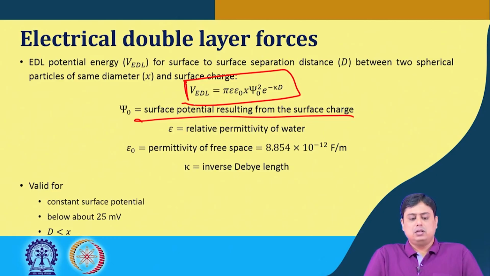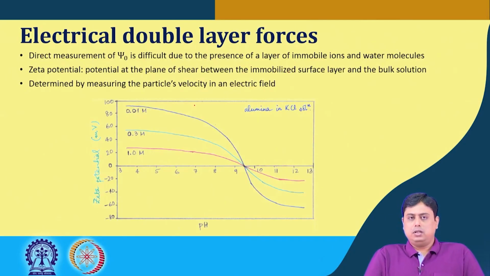So, to estimate this double layer potential energy, we have to know the surface potential that results from the surface charges. Direct measurement of the surface potential is not trivial. It is difficult because there is a layer of immobile ions and water molecules present.